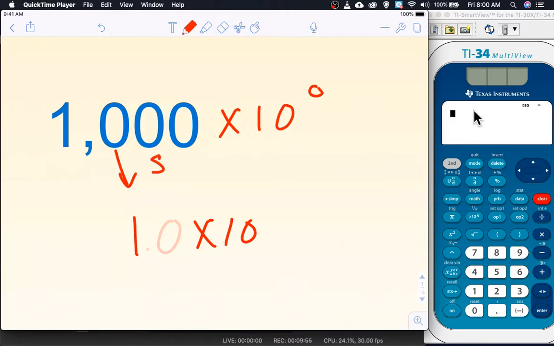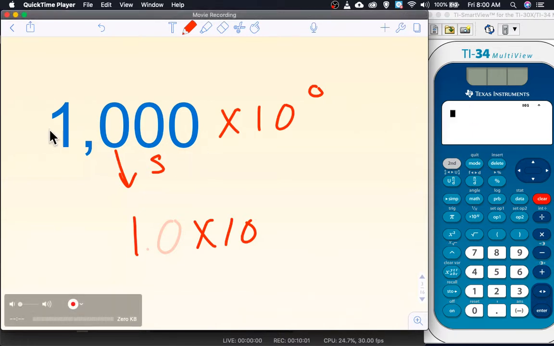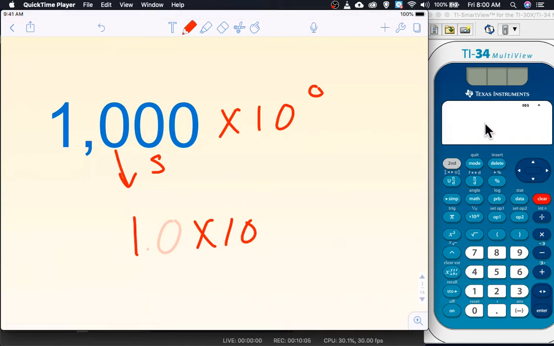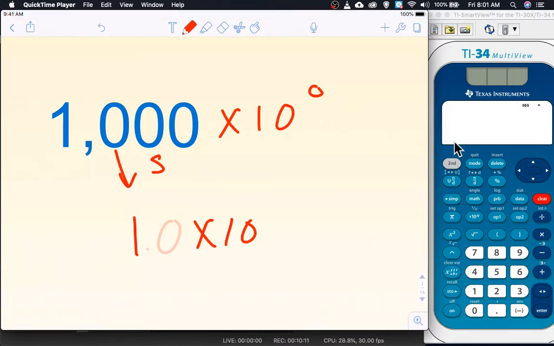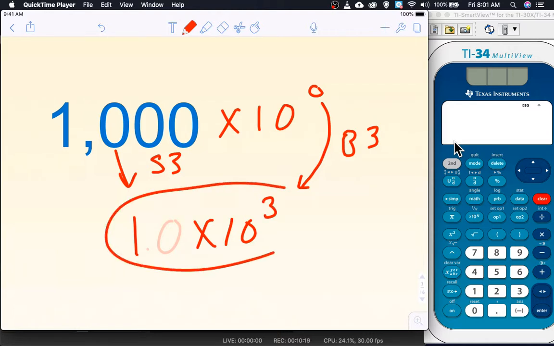I'm abbreviating a little bit because I don't like to write out the words bigger and smaller every time. This piece got smaller by how many places? Well, this is a whole number, so the decimal would be at the end, right here. So it moved 1, 2, 3 places. So it got smaller by 3. So my exponent gets bigger by 3. There it is. 1 times 10 to the third power.